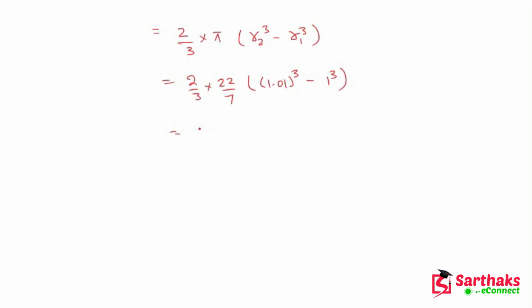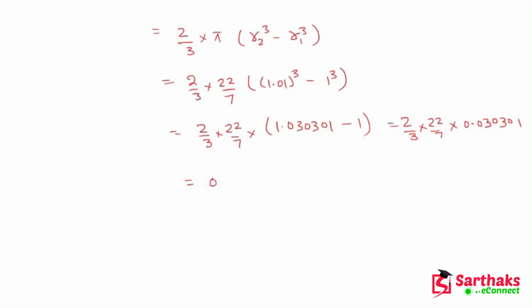If we cube 1.01, we get 1.030301 minus 1. So this will become 2 upon 3 into 22 upon 7 into 0.030301.